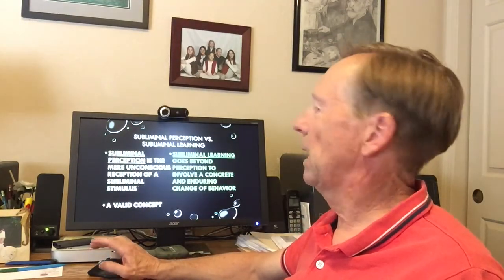Now, I want to point out that there was a guy named James Vicary way back in the 1950s or 60s, maybe late 50s, I can't remember for certain, who claimed that he put in a movie that he was showing in a theater the words in a frame in the movie, eat popcorn, drink Coca-Cola. He put that frame in the movie so that it would pop up every 5 seconds.